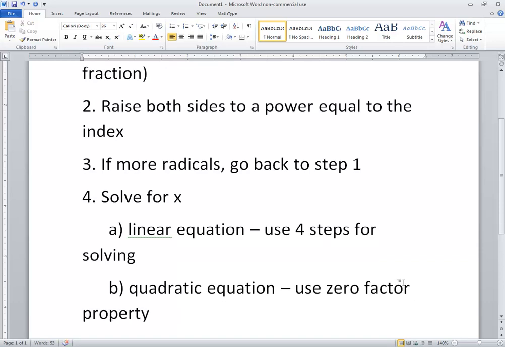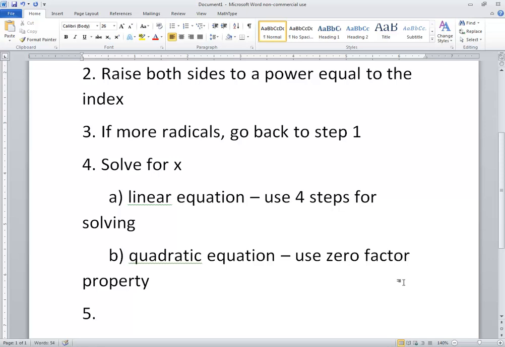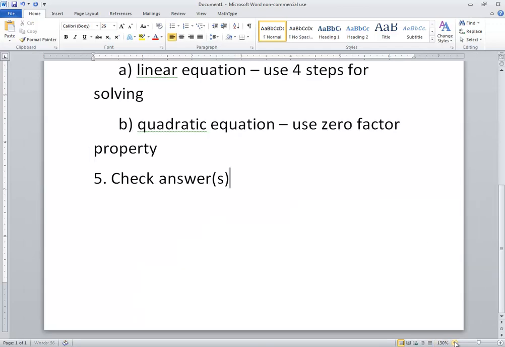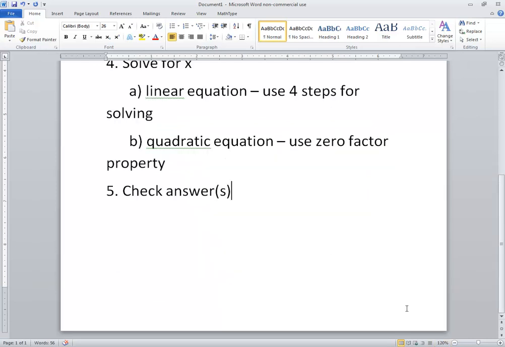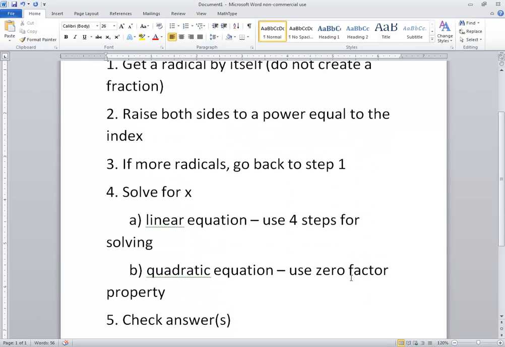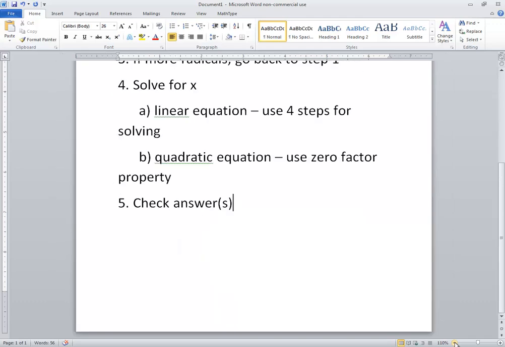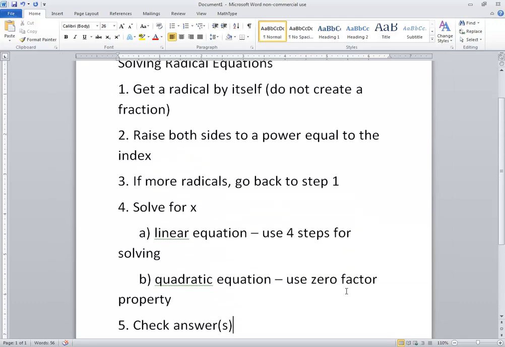Zero product principle, if you want to do it by that name. And then step 5 is check your answers. And let me make this a little bit smaller so you can see all of it on the screen one time. Hopefully that isn't too small.